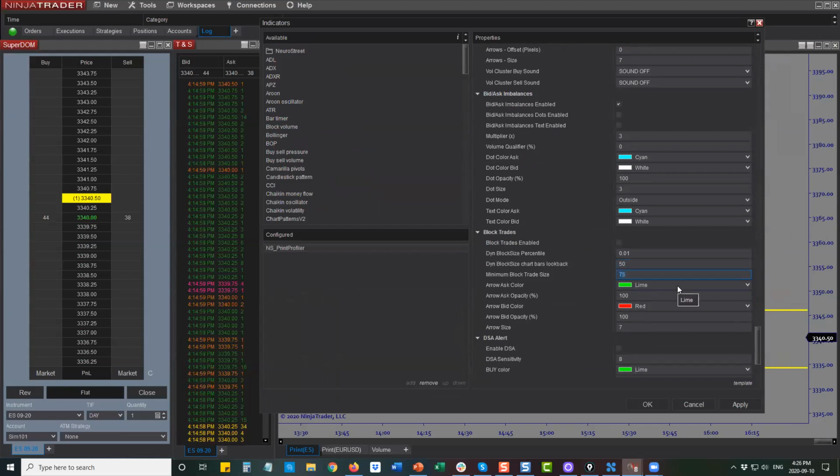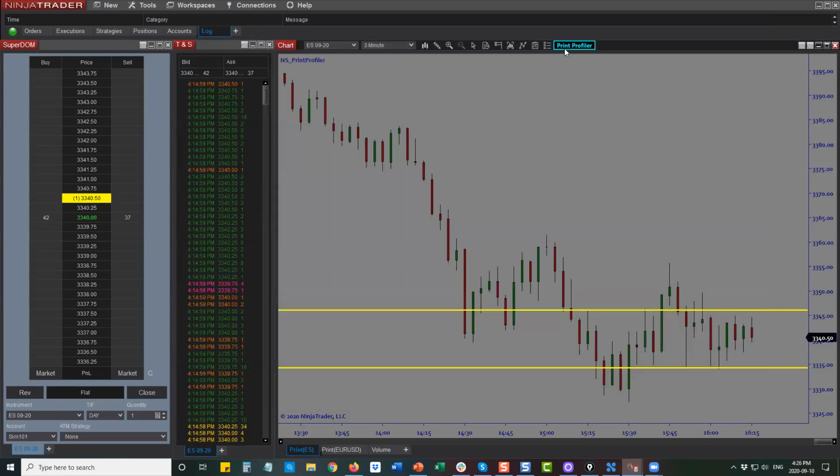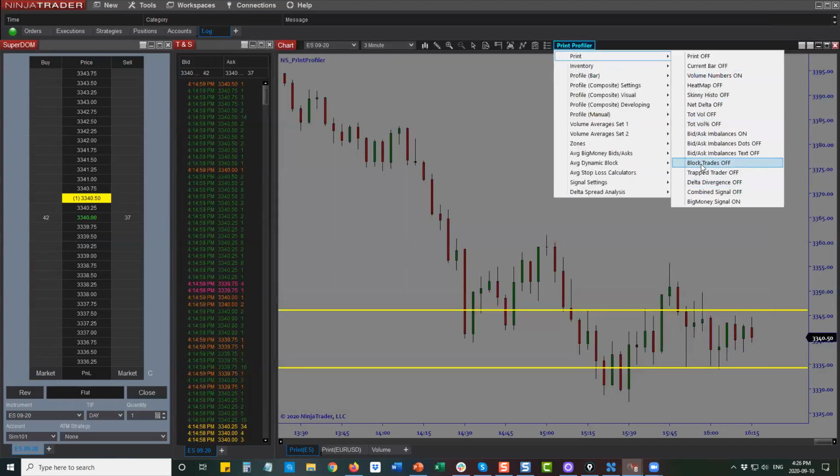So if I want anything that's bigger than the average, I could set it to 50, I could set it to 75, I could set it to 100, which is going to be big blocks. I have it set to 75, which is 25% larger than the average right now, which means if an order comes in of 75 contracts, then it's pretty significant. So let's turn the block trades on for a second.